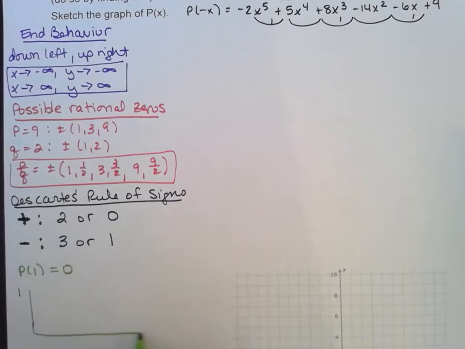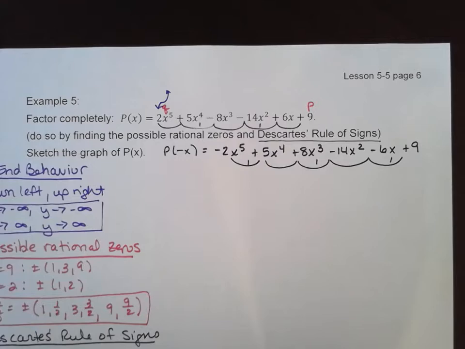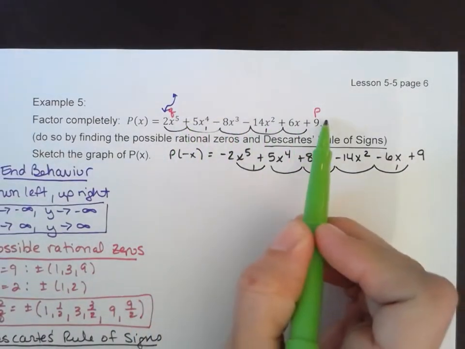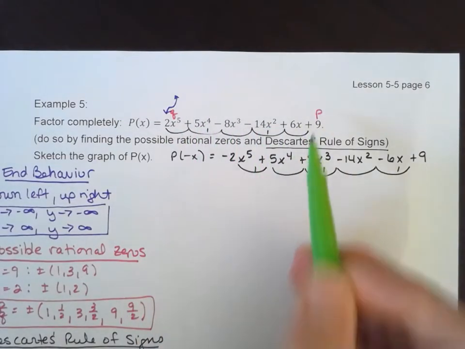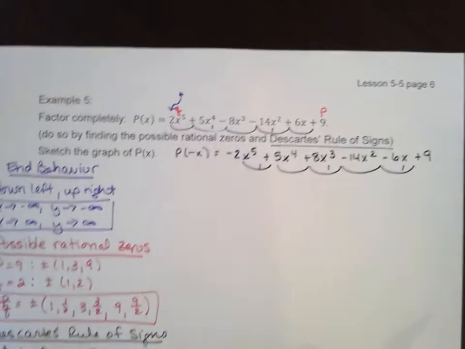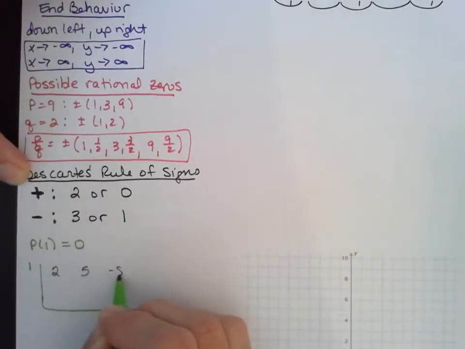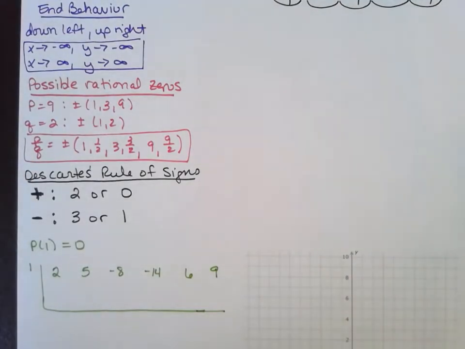Let's do synthetic division. I'm sorry I can't fit all this on the screen at one time. See if we're missing any terms. 5, 4, 3, 2, 1, 0. We are not. So I'm going to put all of these coefficients into our synthetic division. Alright, let's go.